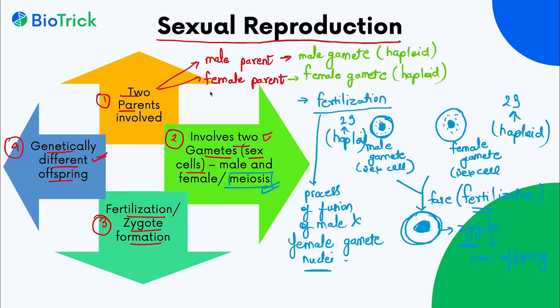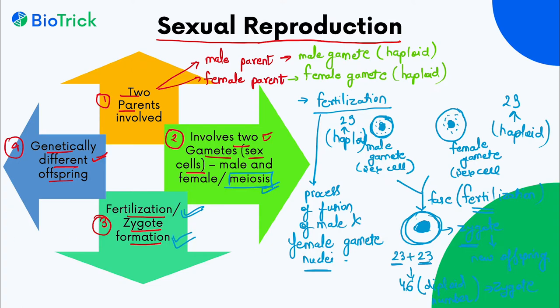So when 23 from the male gamete and 23 from the female gamete fuse in the zygote, they will form 46 again, and 46 is the diploid number. So our zygote is diploid in nature. So the third feature is that it involves the fertilization process and the formation of the zygote.